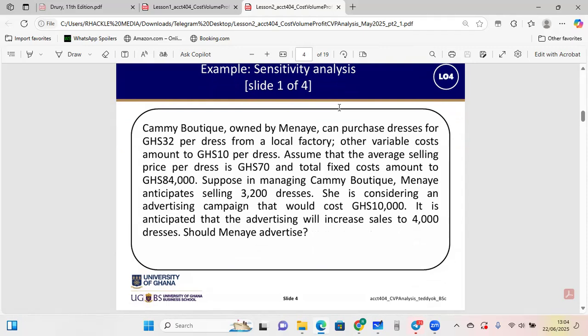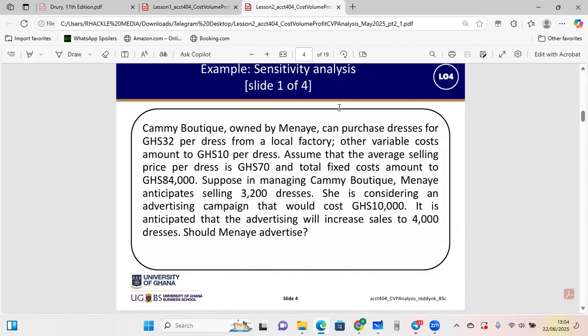Suppose in managing Kami's boutique, Minaye anticipates selling 3,200 dresses. She is considering an advertising campaign that would cost 10,000. It's anticipated that the advertising will increase sales to 4,000 dresses should Minaye advertise.